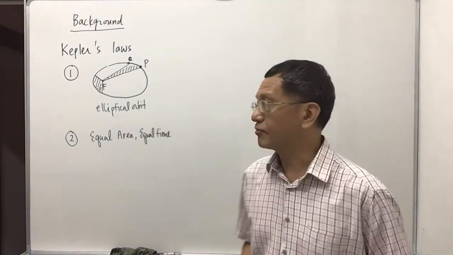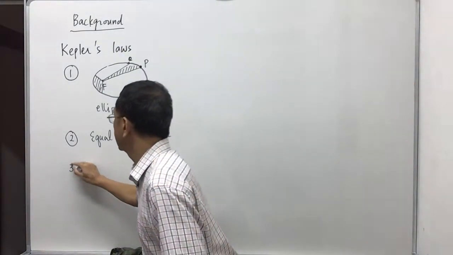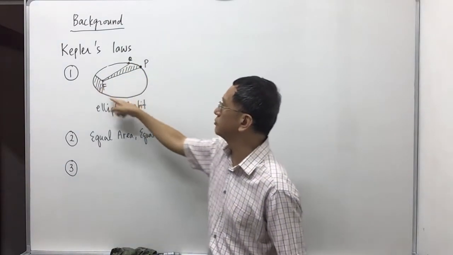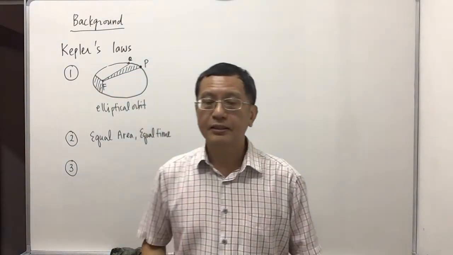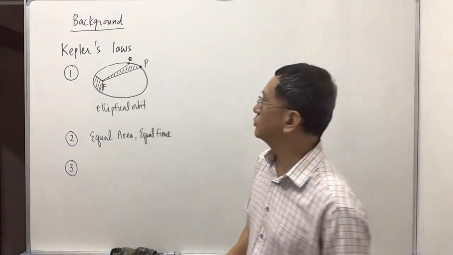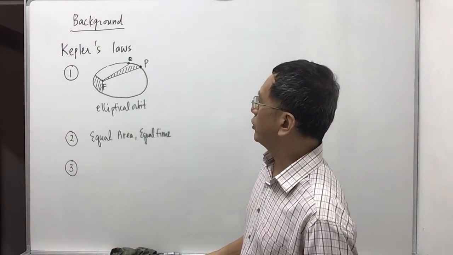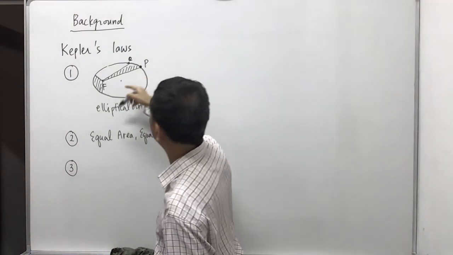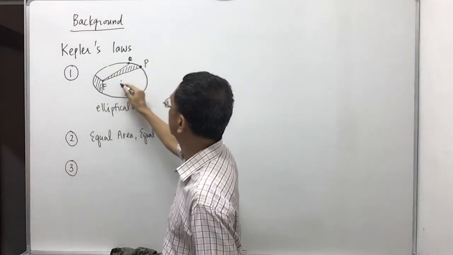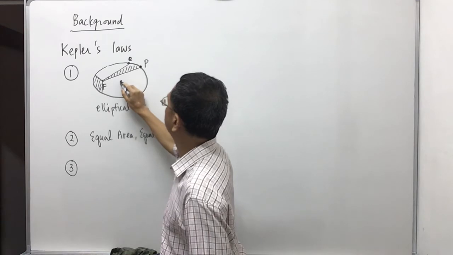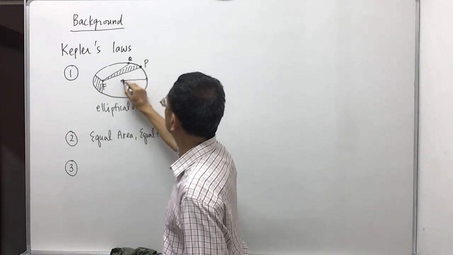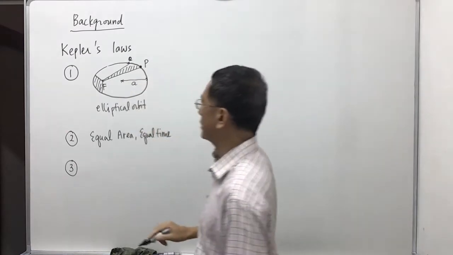Now the third law of Kepler says that the period, which is the time to complete one full cycle, of the orbit is related to what we call the semi-major axis. By the way, what is the semi-major axis? If this is the center of the ellipse, the distance from the center to the edge in this way is called the semi-major axis.